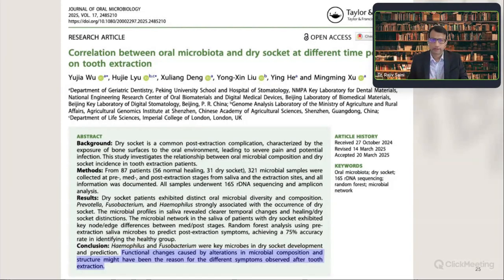That's why alcohol-based mouthwash is not recommended, because it disturbs the oral microflora, the oral microbiome. We definitely require patients to maintain a healthy oral microflora, because healthy oral microflora naturally suppresses the bad bacteria and maintains a good healing process after the tooth extraction.